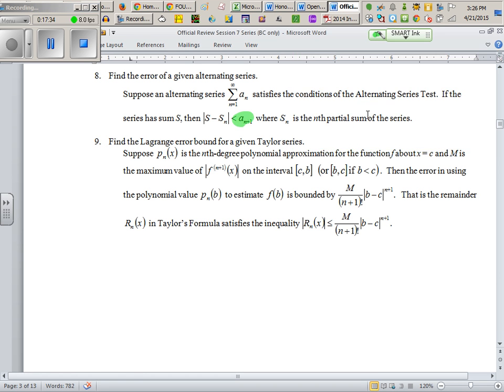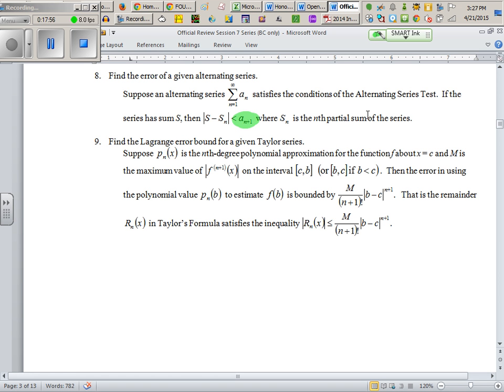Right here, this guy. What this is saying is, when you add up, let's say, the first 3 terms of an alternating series, and you want to know how far off this is from the actual sum, well, check the 4th term. The 4th term is the 4th term, but it's also the error. It's the error in using the first 3 terms.